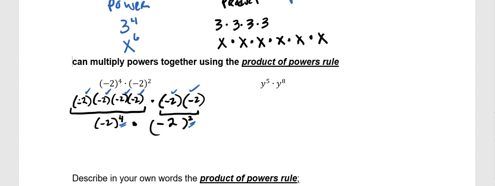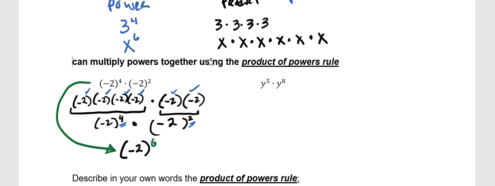Instead of the product of -2 times -2 times -2 times -2 times -2 times -2, we have in the simplified form the power of -2 raised to the 6th power. So the way we will simplify this is we will write it as a final result of -2, that's our base, to the 6th power.